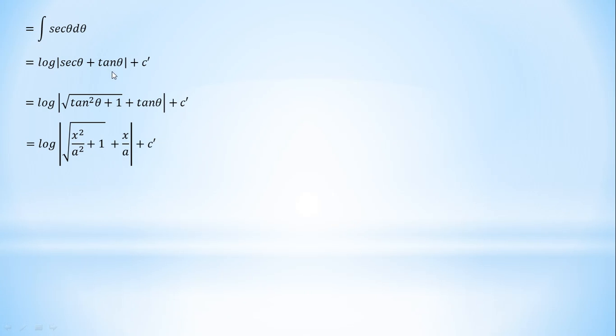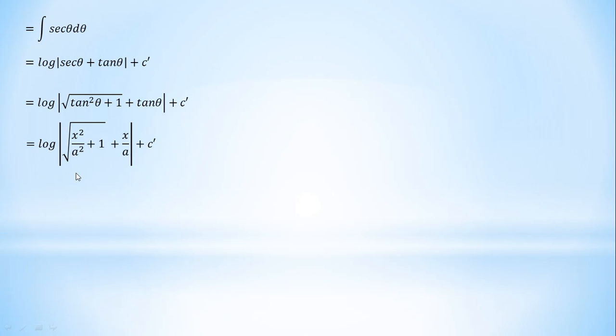Here we know the value of tan theta as x upon a, but we don't know about sec theta. So for that we use the fundamental identity, that is sec theta is nothing but root of tan square theta plus 1, and hence we can replace tan theta as x upon a, that is here tan square means x square upon a square.